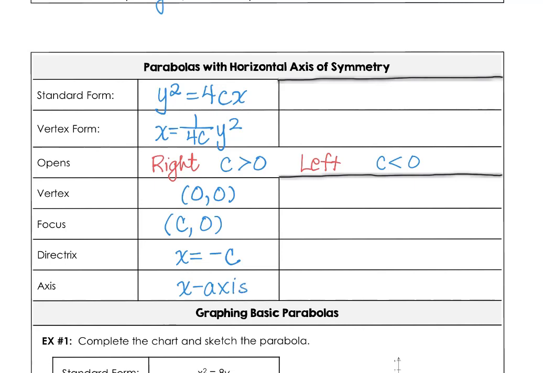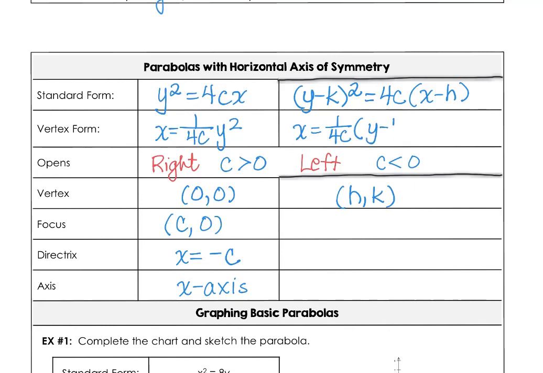And we'll see a few of those. If we translated that graph to an (h, k) value where the vertex is at (h, k), that formula would follow the model y minus k quantity squared equals 4c times x minus h quantity. And isolating for x, we would have 1 over 4c times y minus k quantity squared plus the h value.